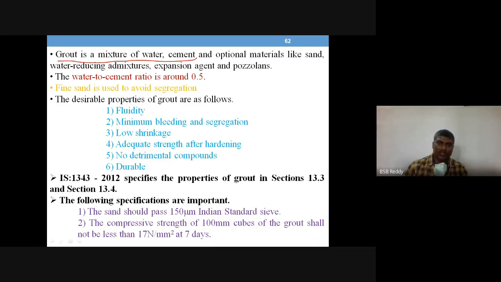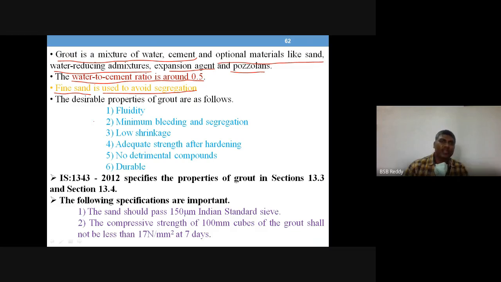It is a mixture of water, cement, and optional materials like sand, water-reducing admixtures, expansion agents, and pozzolanas. Purely it is a mixture of water and cement, and optional materials if you want. The water to cement ratio is around 0.5. Fine sand is used to avoid segregation.